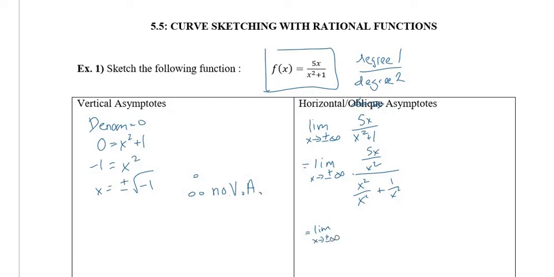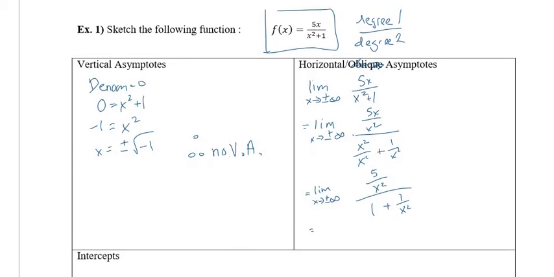So now let's do some canceling. That's going to be 5 over x squared divided by x squared over x squared is going to be 1, and then 1 plus 1 over x squared. So now let's look term by term. 5 over x squared: if x is approaching infinity, the denominator is going to be a very, very large number.